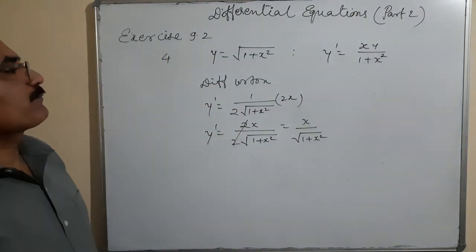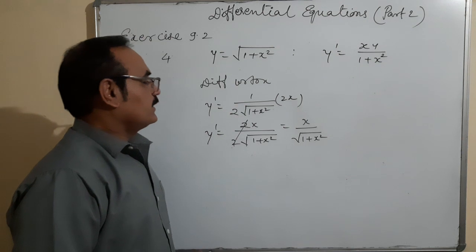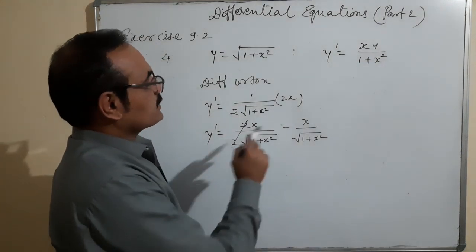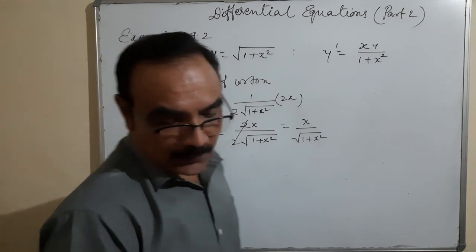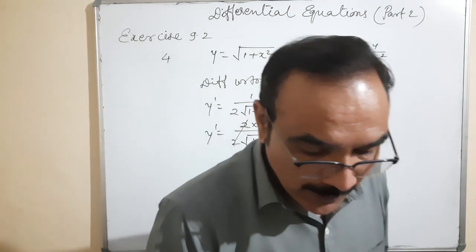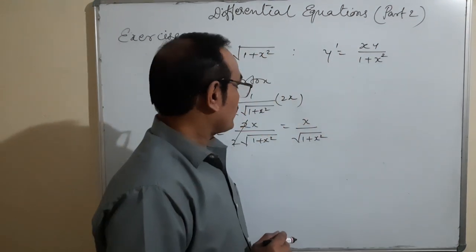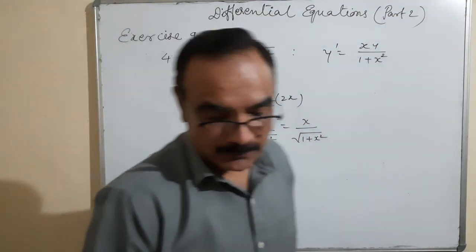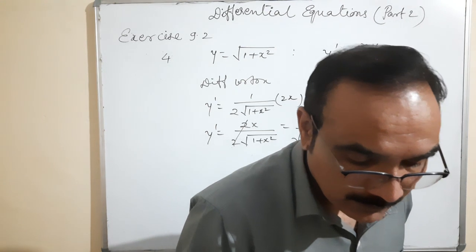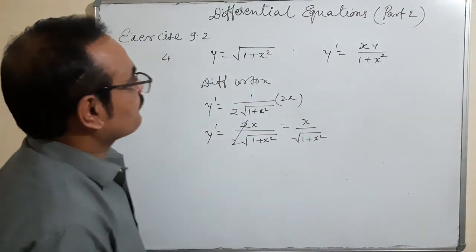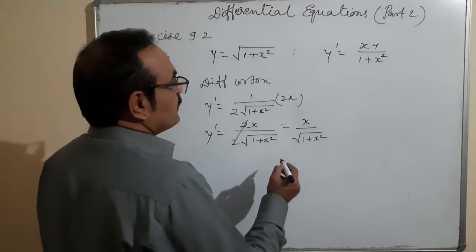Okay. And here y dash is equal to x upon under root 1 plus x square. The given equation is y dash is equal to xy upon 1 plus x square. Right? Okay. So I will put the value here.